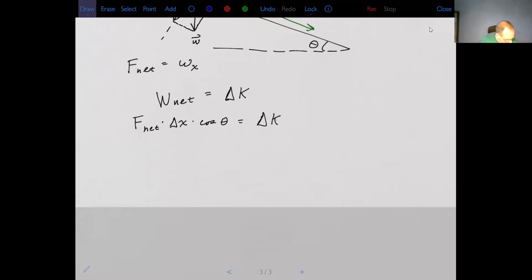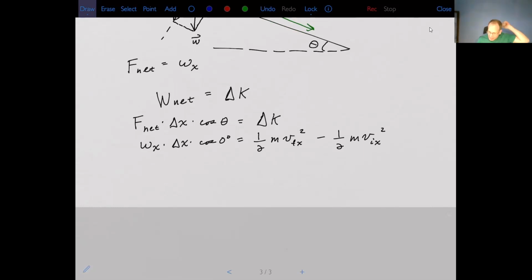So in this case, this will be Wx delta x cosine of 0 degrees. And then I can write this out as 1/2 m v final in the x direction squared, minus 1/2 m v initial in the x direction squared. So it's the final kinetic energy minus the initial kinetic energy, the change in kinetic energy, and we already know that cosine of 0 is equal to 1. I can simplify this some more.